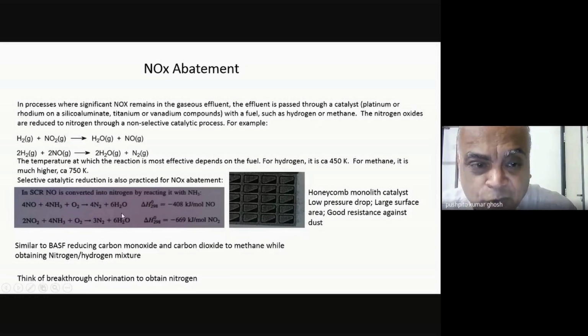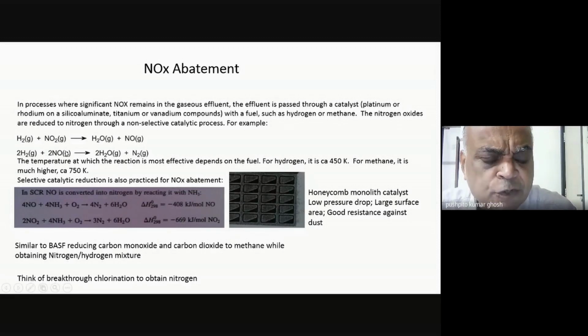That's exactly what you want to do over here with the tail gas. So it gets converted into nitrogen. It's like a reproportionation because your nitrogen here is in a -3 state and here it's in a +2 state. So you are again reproportionating here and forming nitrogen, N2. This type of reaction with ammonia is known as selective catalytic reduction. And the one with hydrogen is known as non-selective catalytic reduction.